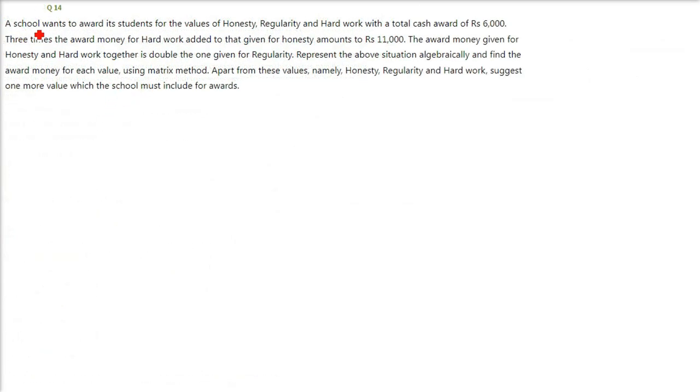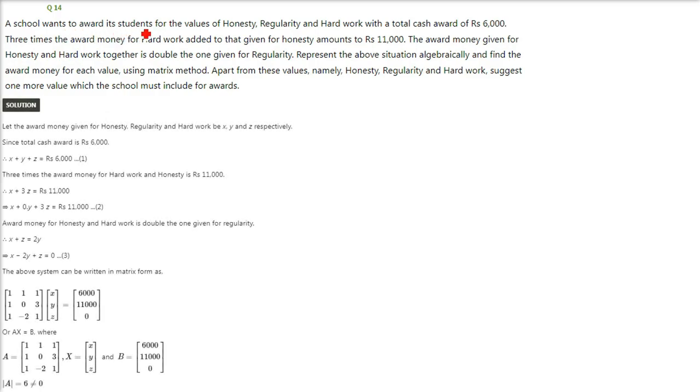A school wants to award its students for the values of honesty, regularity and hard work with a total cash award of 6,000. So this is X for honesty, Y for regularity and Z for hard work.